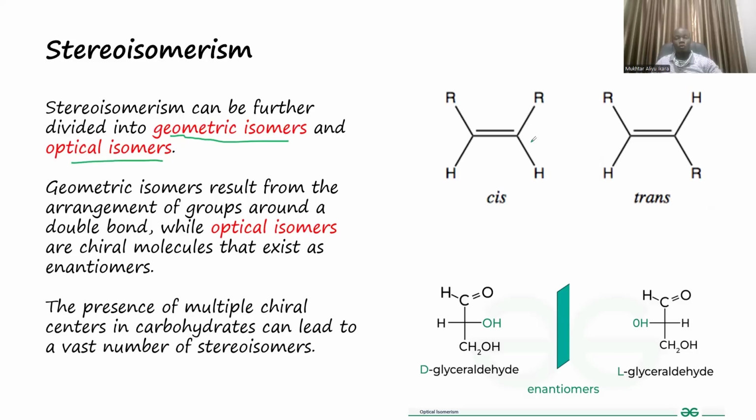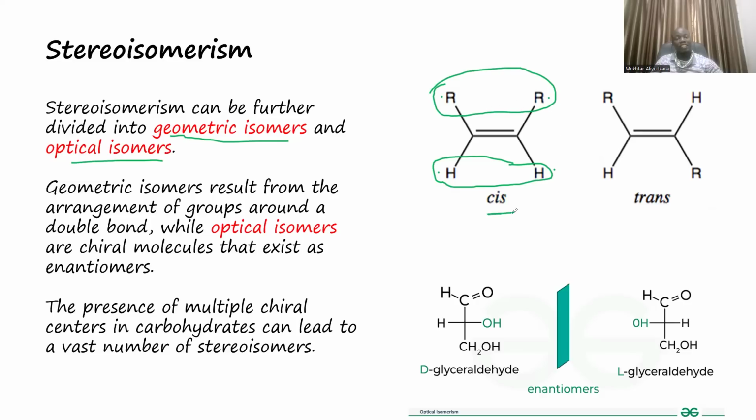Let's look at this double bond. There are isomers that have groups around the double bond. We have one here, another one, another one, and another one. So these are the four groups around the double bond. But the most important thing: look at the R here and the R here, they are on the same plane, on the same orientation.